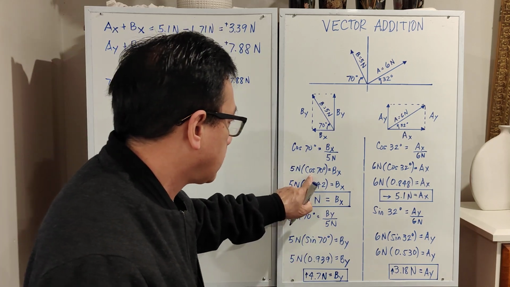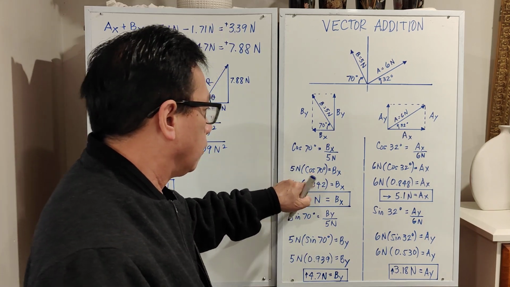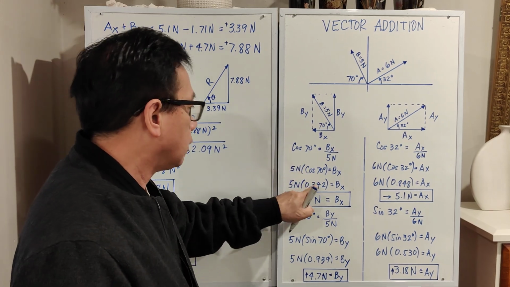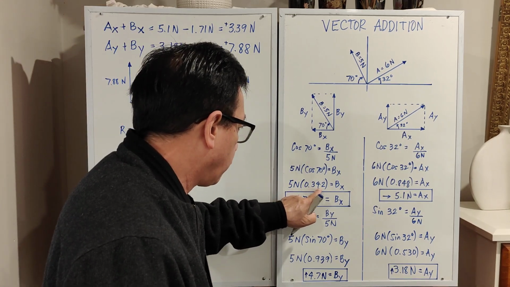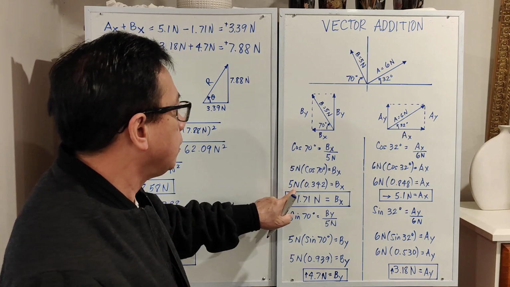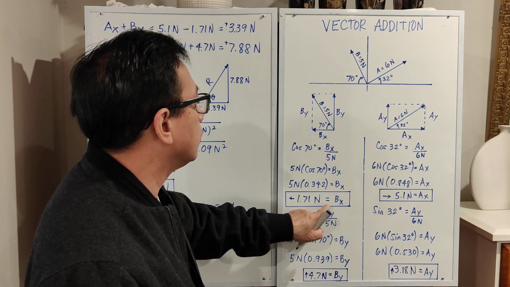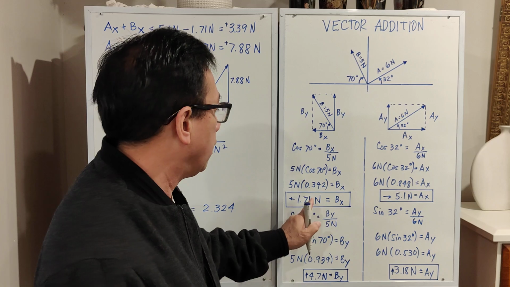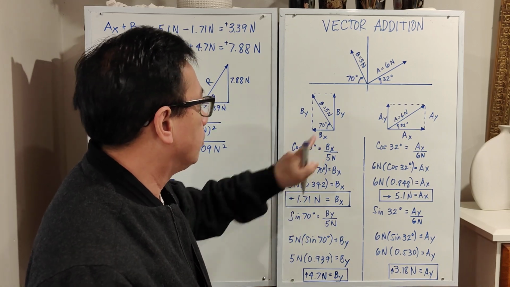Cosine 70, if you use your calculator, is 0.342, multiplied by 5 newtons is 1.71 newtons going to the left. This is the horizontal component.